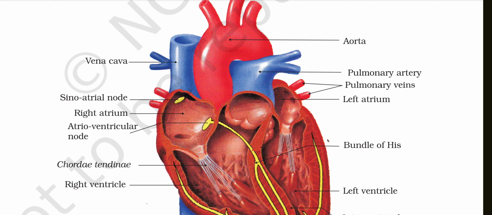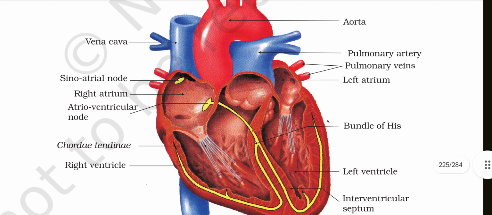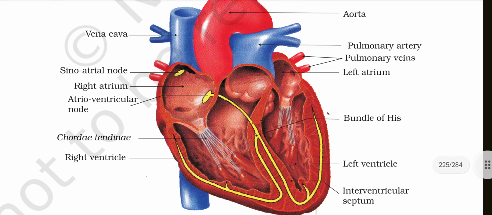The pulmonary veins bring the oxygenated blood from the lungs to the left atrium.